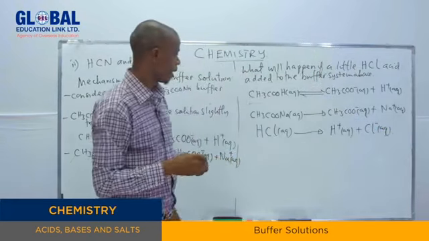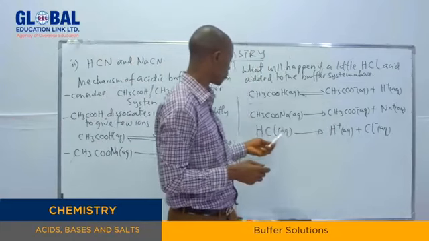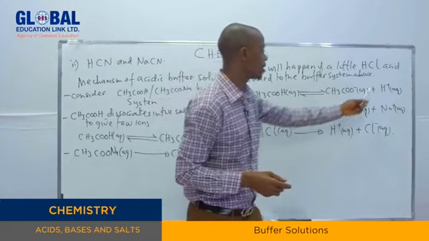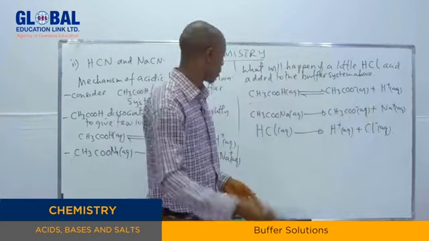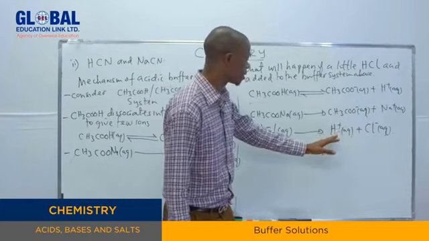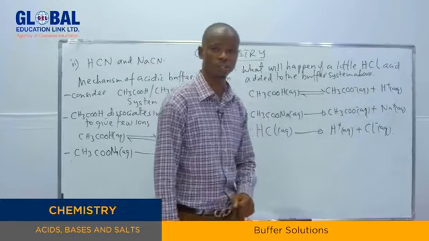The hydrogen ion released from the strong acid will increase the concentration of hydrogen ion in the solution. So the dissociation of this strong acid releases hydrogen ions.